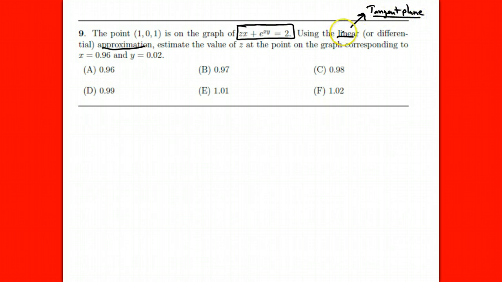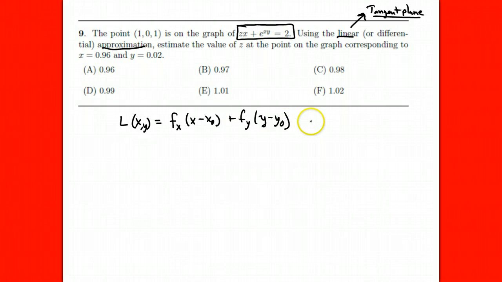The linear approximation is the tangent plane. We use the abbreviation L for it. It's the x partial times x minus x naught, plus the y partial times y minus y naught.